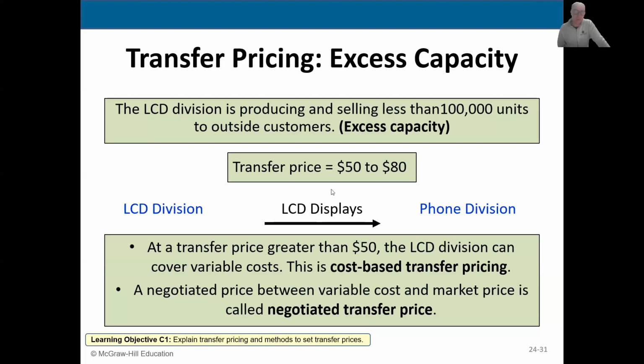And of course, when there's a lot of excess capacity, that is the lowest transfer price, which is $30. So that's how the basics of transfer pricing works.